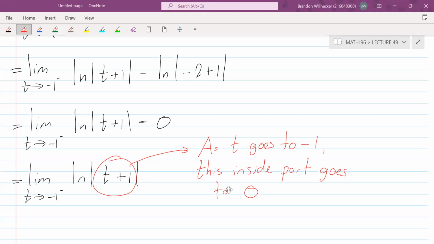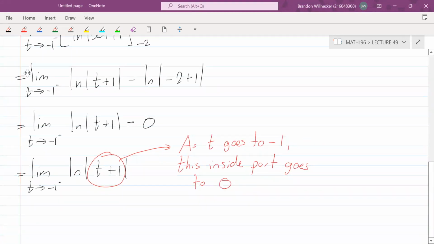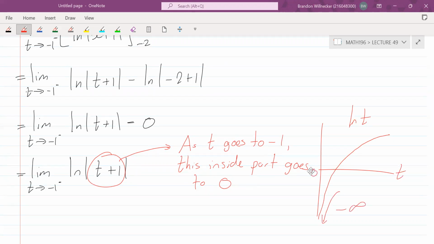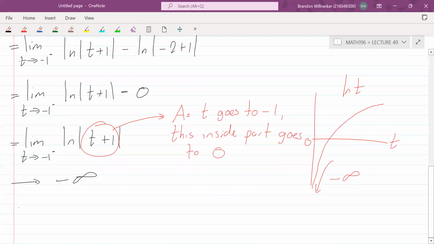Okay, and we know from our natural log that the natural log of 0 goes down to -infinity. So if you just want to keep the picture in mind, natural log of t looks something like this, and this is going to go down to -infinity when t goes to 0. So that means this limit goes to minus infinity. Okay, and so it diverges.